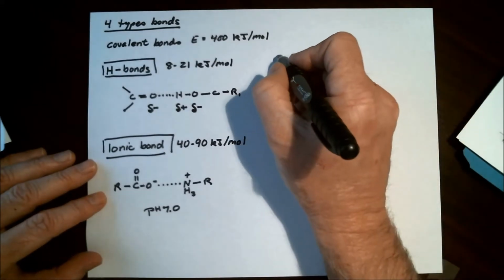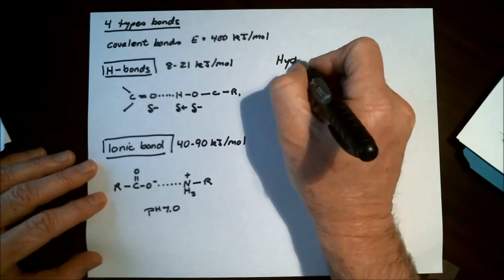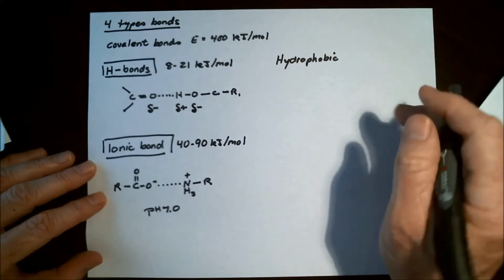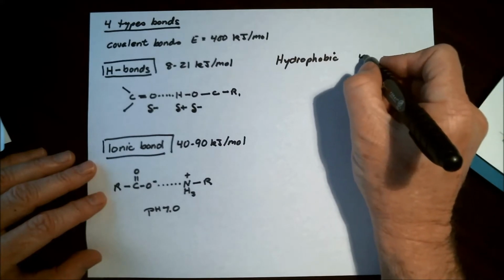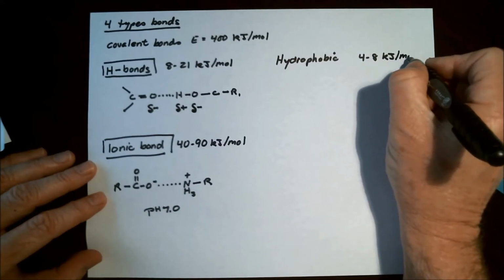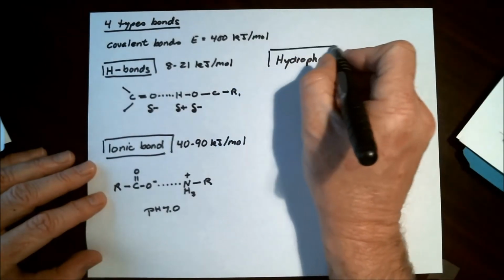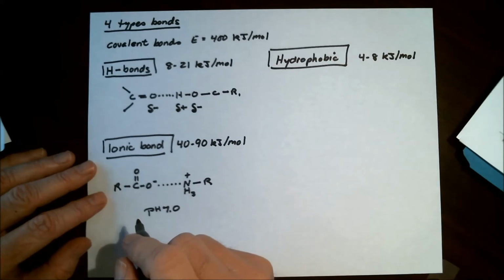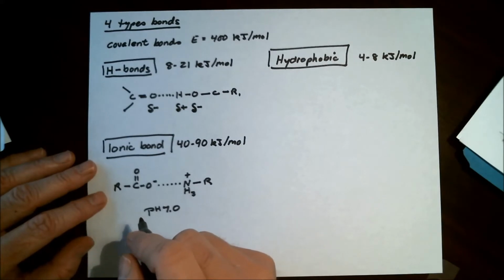The next type of bond is a hydrophobic bond. These are relatively weak bonds, but they comprise a very important entity in biochemistry because hydrophobic bonds are very productive in especially what's called protein folding. We'll get into that in our next session.